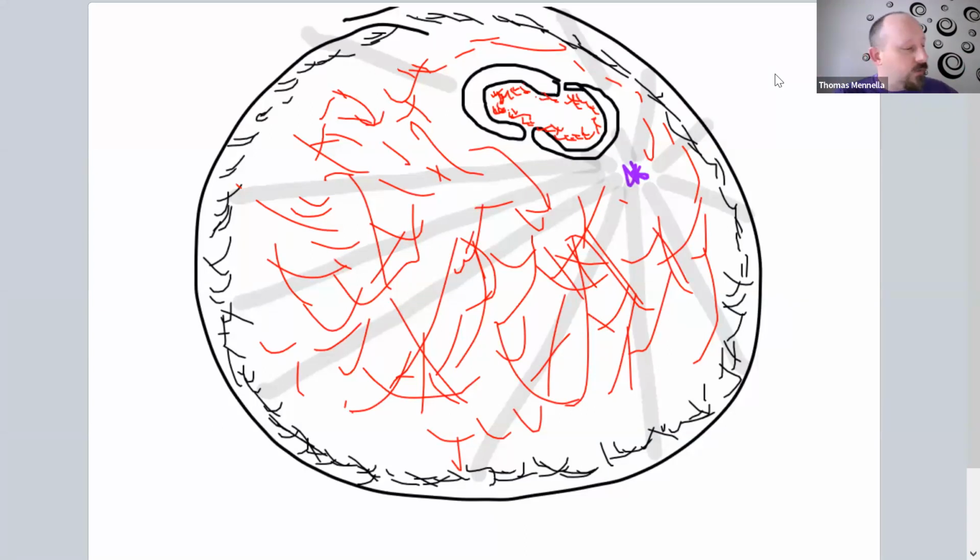For the microtubules, those motor proteins are dynein and kinesin, those walking proteins. And the only thing different about them is the direction that they walk in, which we really don't have to concern ourselves with.